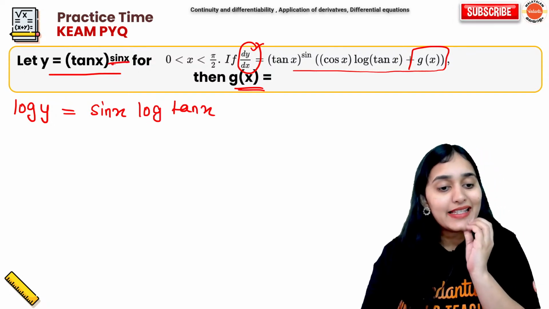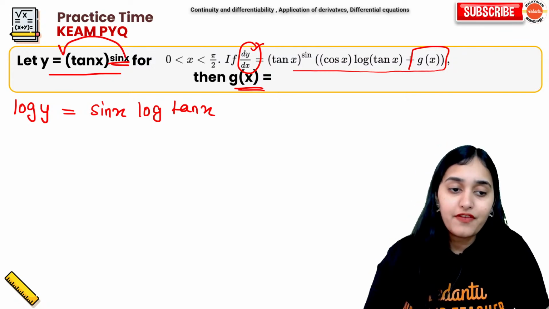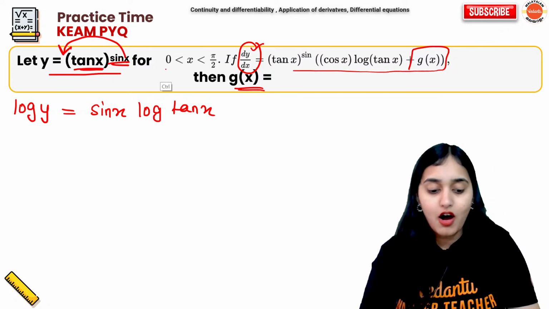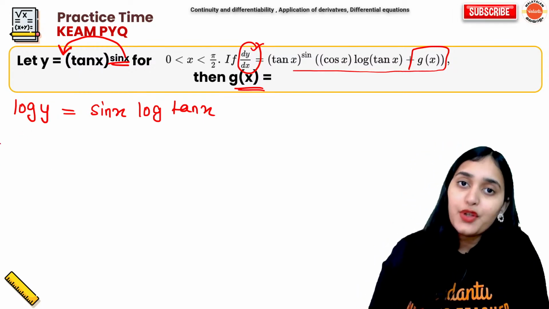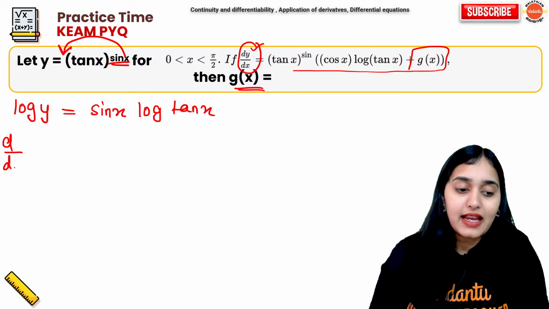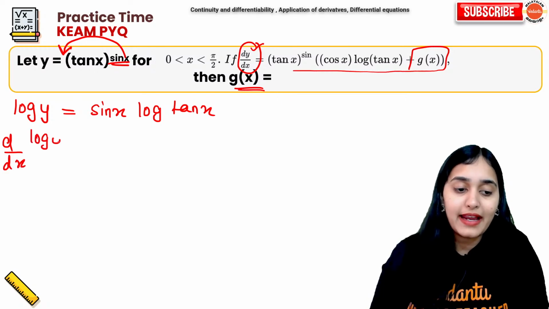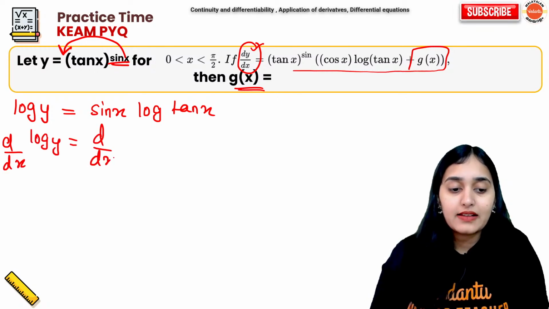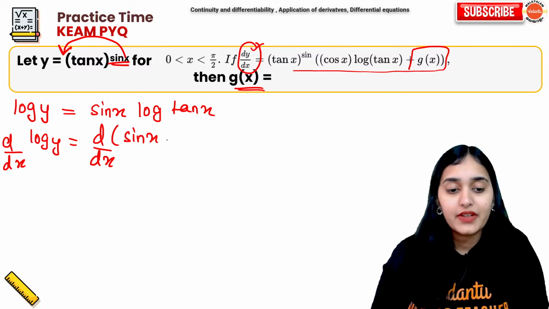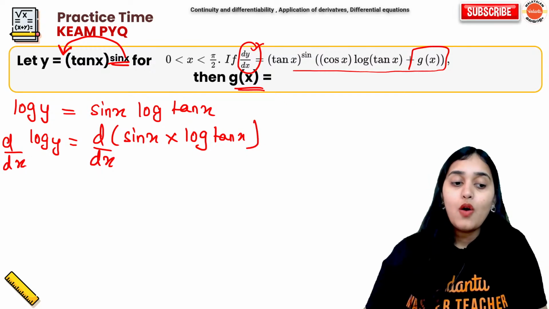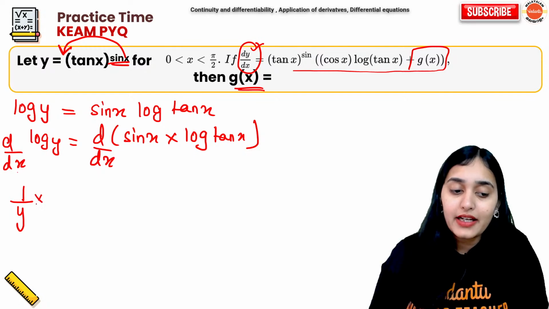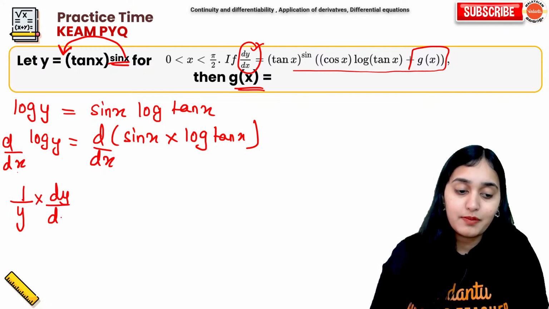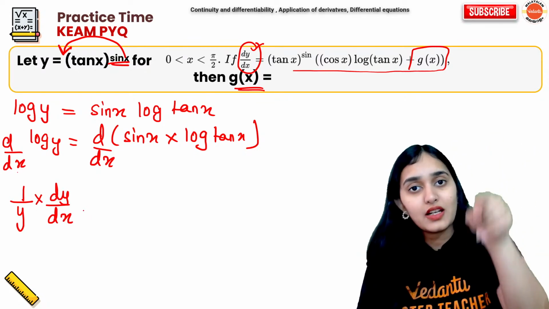Sin x is in the power, it will come in front, and then log of tan x will be applied. Now you differentiate d by dx of log y, d by dx of sin x into log tan x. What is differentiation of log y? 1 by y into dy by dx, because y differentiation is dy by dx.